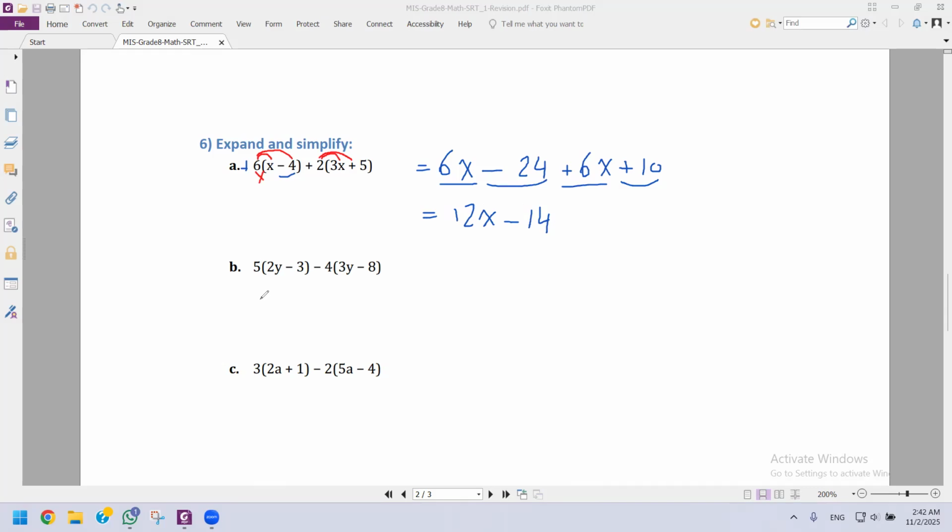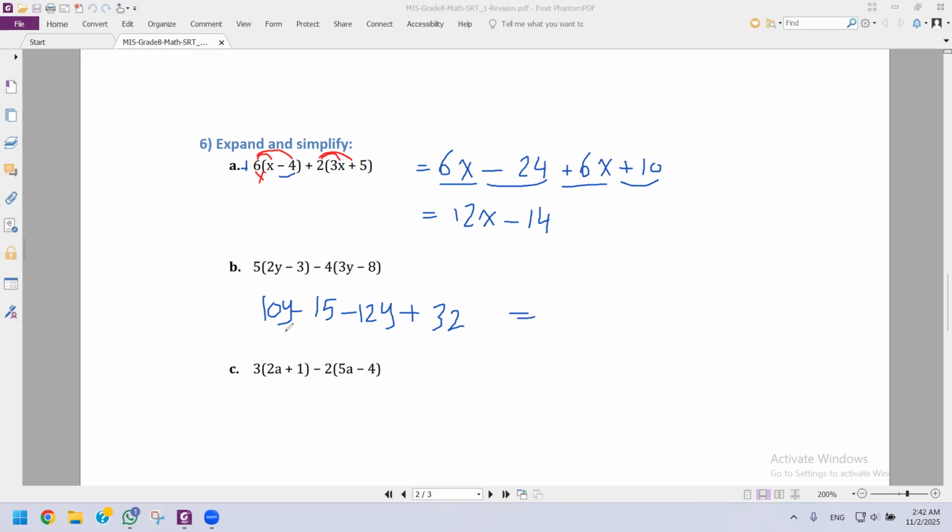Next, expanding. Let me do it a bit faster. 5 times 2y, 10y, minus 15. Now here, minus 4 times 3, minus 12y. Now, minus times minus, plus 4 times 8, 32. Again, what do I do? Here there is 10y.